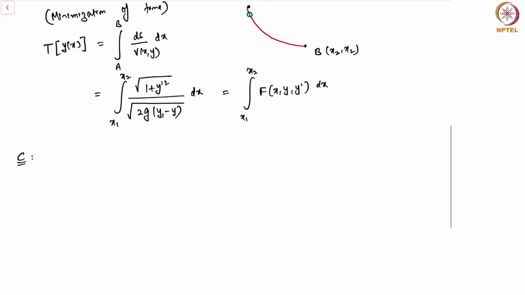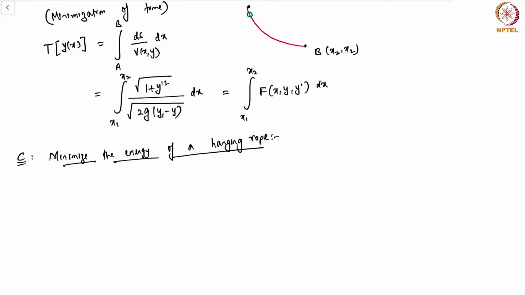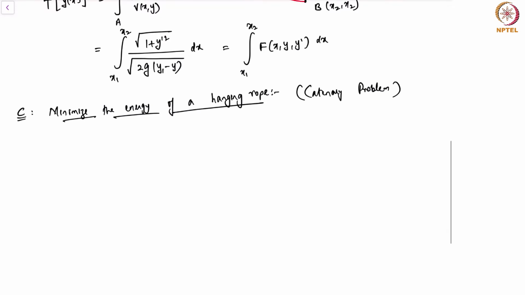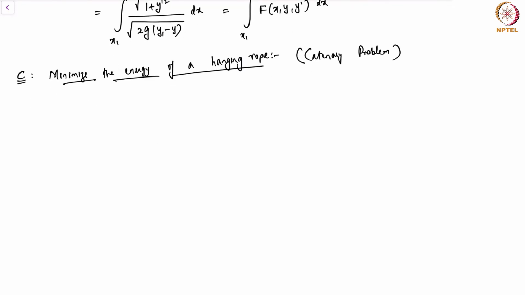We want to minimize the energy of a hanging rope. This is also called the catenary problem. The statement of the problem is fairly simple.